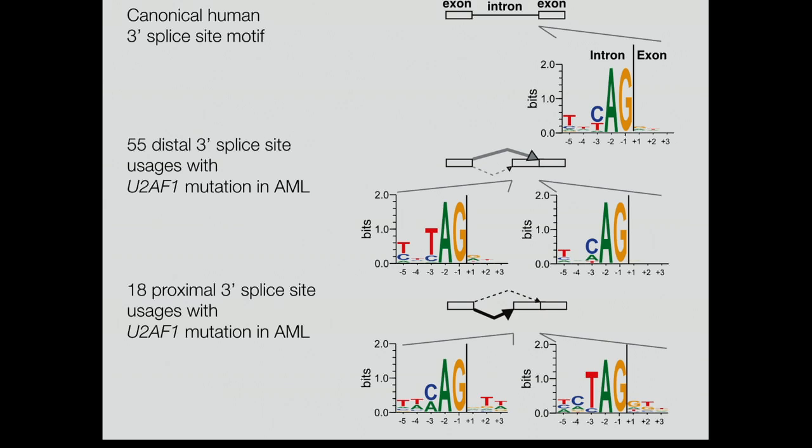Yeah, so for U2AF1, I've done that a little bit, and there's a strong enrichment that if there are two splice sites that are nearby, and one is a TAG and one is a CAG, a majority of those are affected by the mutation. But we haven't gone further to build a stronger model for that. But we do see that when you have those two choices, there's a strong bias for those to be affected.